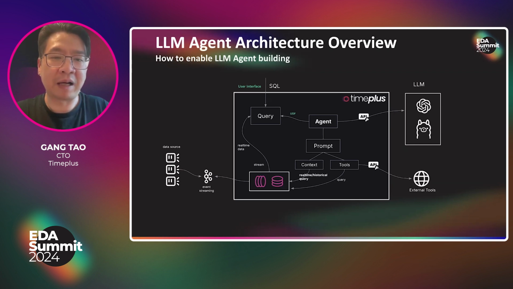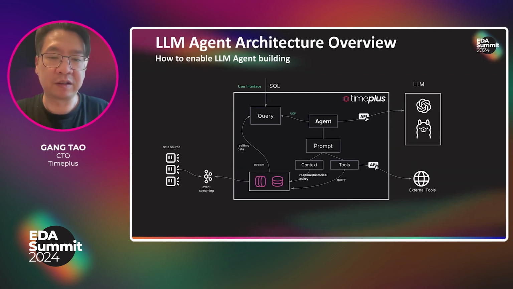At the same time, the query is talking to the internal agent, the large language model agent, and this agent will build a prompt. This prompt also comes from the data, because usually those contexts can be retrieved from data, right?